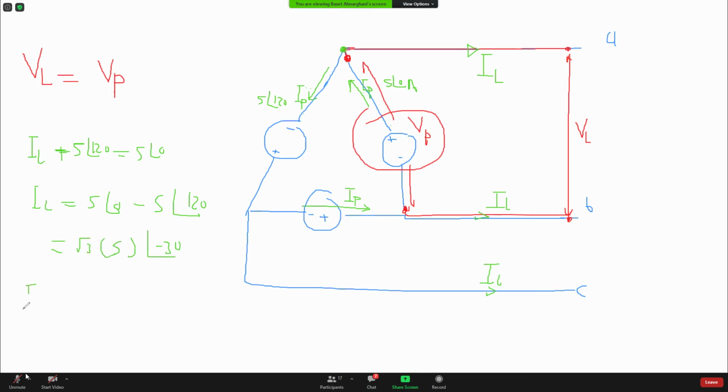What does that mean? I line equals square root of 3 times I phase, and you subtract 30 degrees. You can try it with different numbers, but at the end, this is what we have.